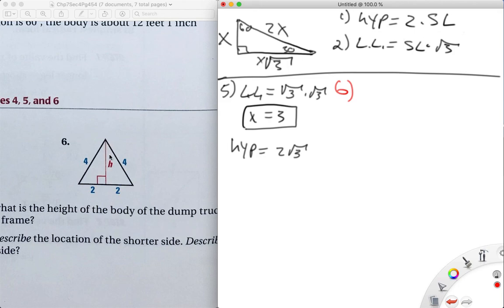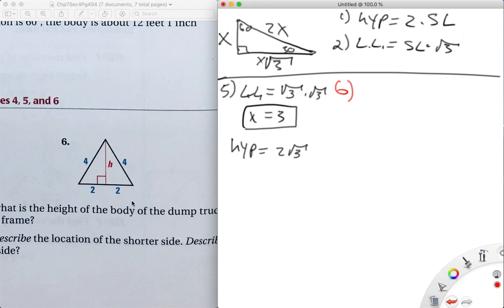I have this perpendicular bisector, which cut these two in half, which also cuts this angle in half, because a perpendicular bisector of an equilateral triangle is also the angle bisector. So since it's cut in half, this is 30, this is 60, this is 90. So this is a 30, 60, 90 triangle.